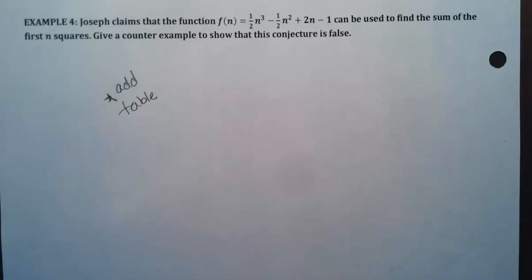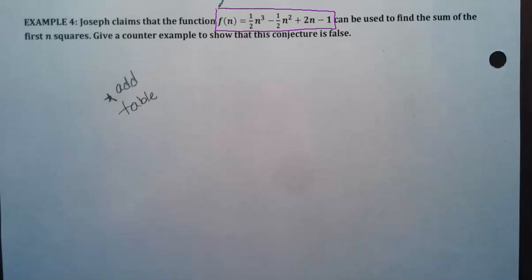Okay, so this might be a place where it's a lot more work to do this. He's claiming that the function f of n, so the function of some number, can be used to find the sum of the first n squares. So we have to understand the question a little bit first.